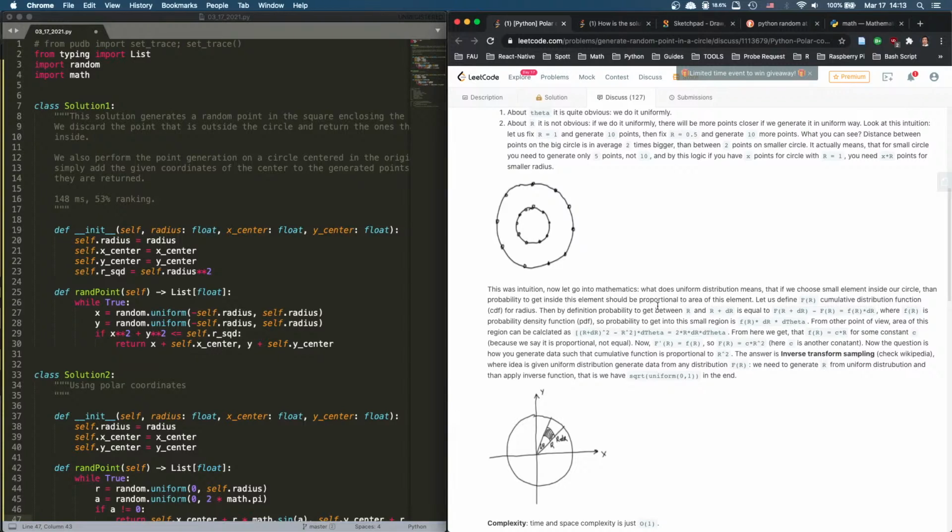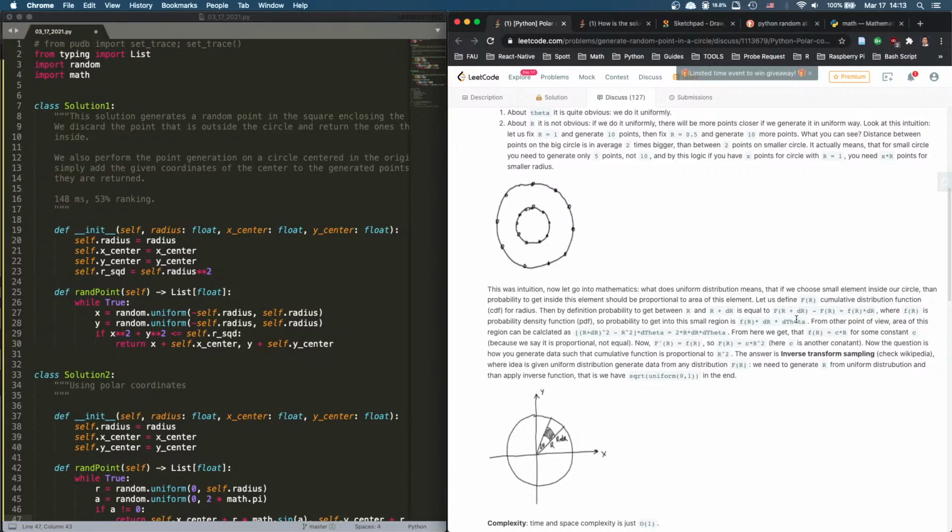The probability to get between R and this is equal to this minus this, which equals FR. FR is the probability density function, okay? So the probability to get this small region is this times d theta.